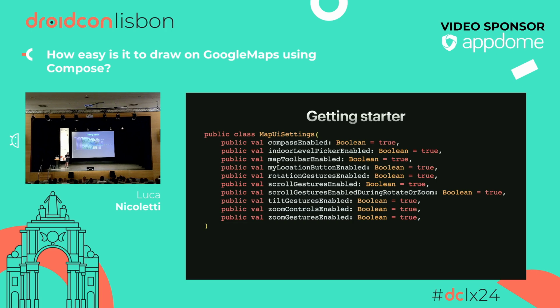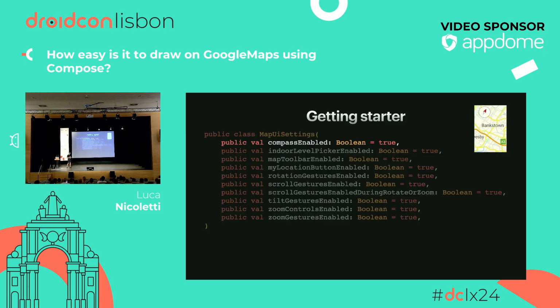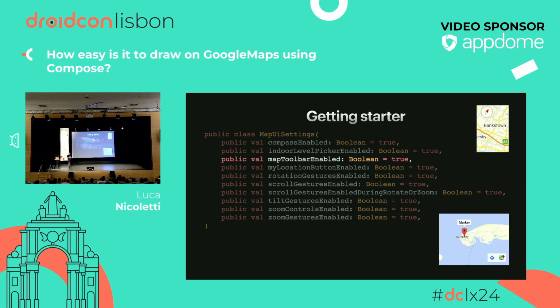The map UI settings allow us to add a few things on top of the map. The first one being the compass enable. It shows the compass on the top left corner of the map. The compass is shown only if the map is rotated. If north is not pointing up, then the compass is shown, and a tap on it will make the map straight again. We have the map toolbar that is shown on the bottom right corner of the map and is shown only when a point of interest is currently selected on the map.